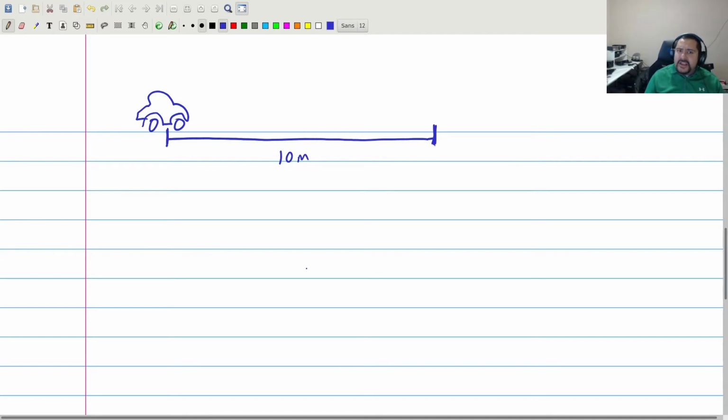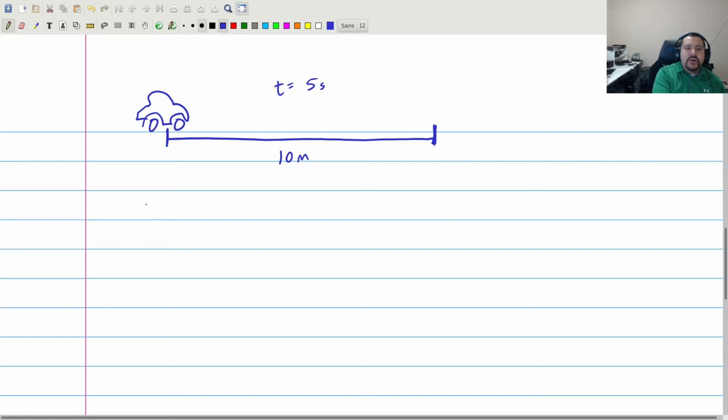Let's imagine we have a toy car. And this toy car travels from here to over here. And we measure this distance to be, let's make it 10 meters. And let's say it travels that distance of 10 meters in a time of 5 seconds.